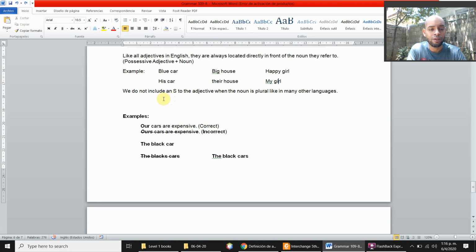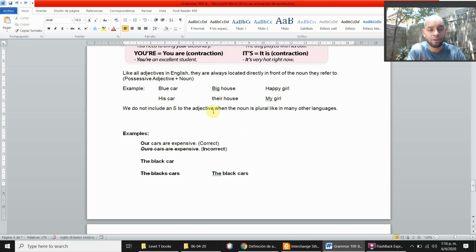We do not add an s to the adjectives when the noun is plural, like in many other languages. In Spanish, we may add an s after the adjective, but in English, we never add s, no matter if it's plural or if it's singular.